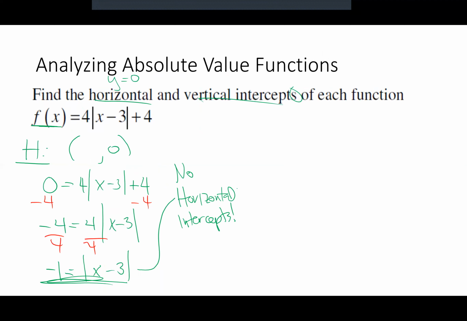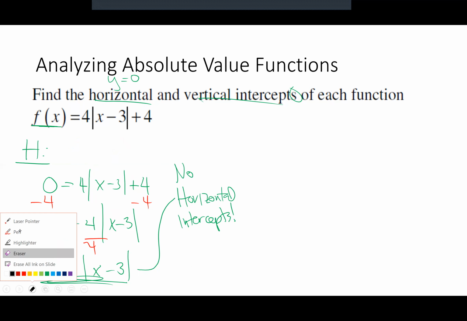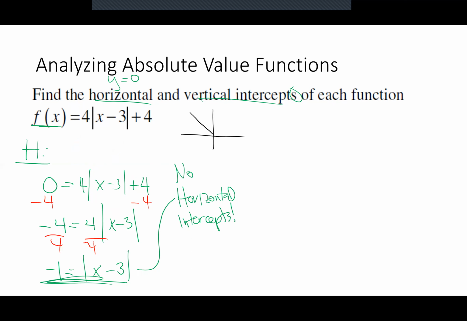How is that possible? Well, let's consider the graph of this thing. If I were going to graph this thing just by using transformations, so absolute value function, this should take us back. It's going to look like a V. It's from 1.1. It's our parent function, our toolkit.